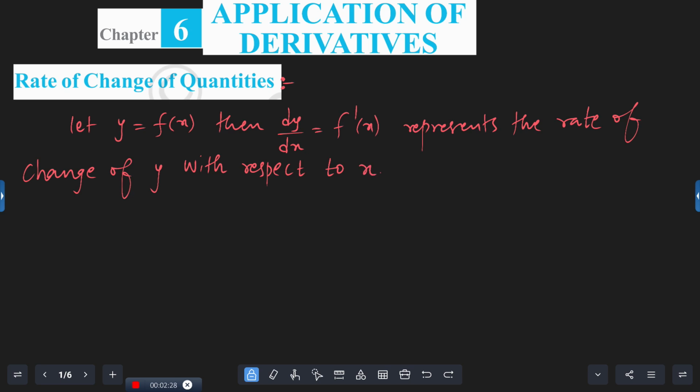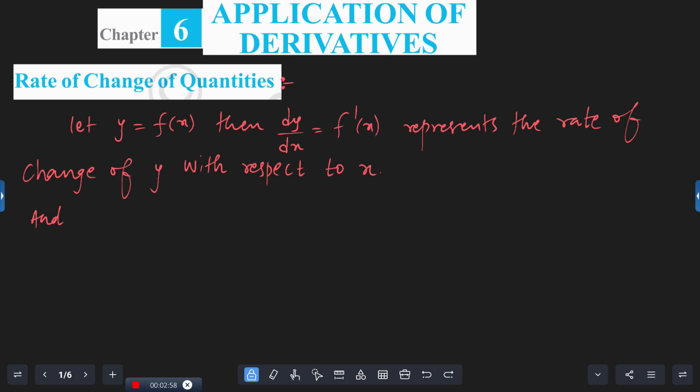That is the meaning of rate of change of quantity. Right. So we can write this with respect to some variable also. Here I said with respect to x. Sometimes, with respect to x naught, they will give the x value. x naught can be any real number they give. That also you can apply.